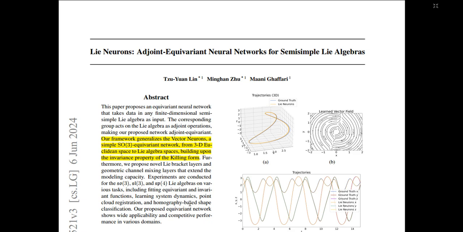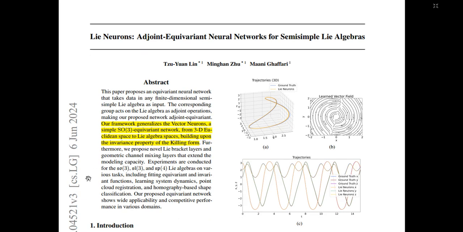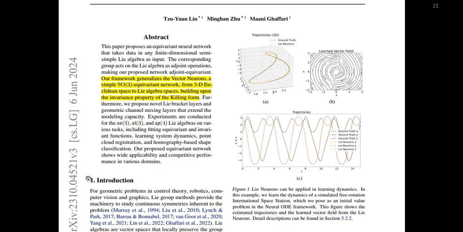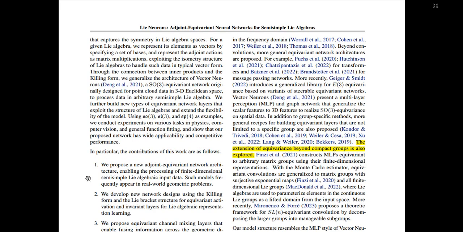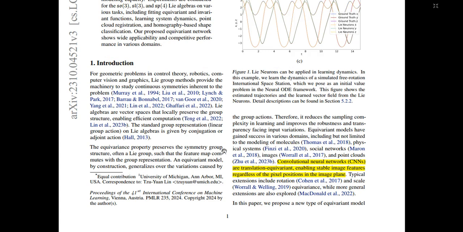Our last paper is Lie neurons. So we are using the ideas from Lie algebra, and we generalize some kind of neural network like the SO3 equivariant one, which is called vector neuron, and we construct a network that is equivariant on the Lie algebra, like convolutional neural networks are equivariant with respect to translations.